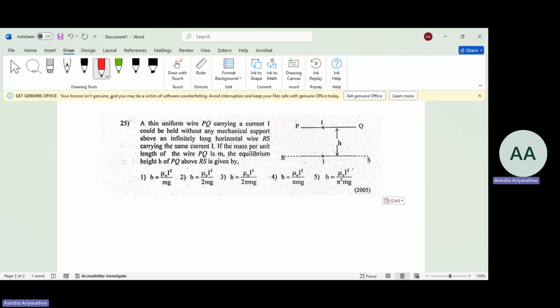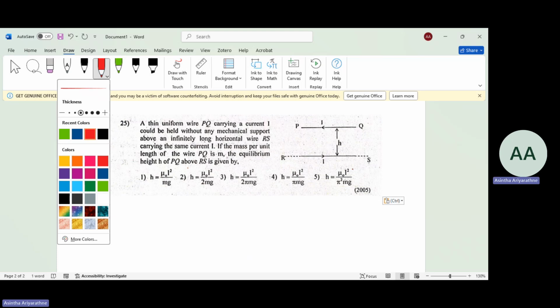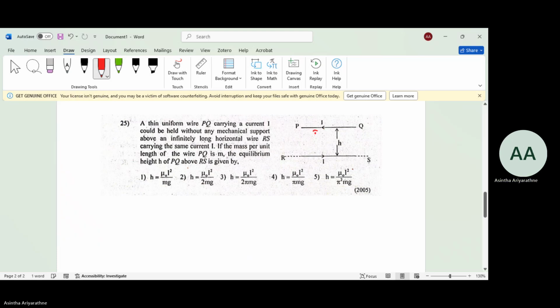Right, so first you have to identify the direction of magnetic field acting on PQ, the direction of magnetic field acting on PQ due to RS. Current is towards right. There would be a magnetic field from the right. Using Fleming's left hand rule, find the direction of magnetic force acting on PQ.